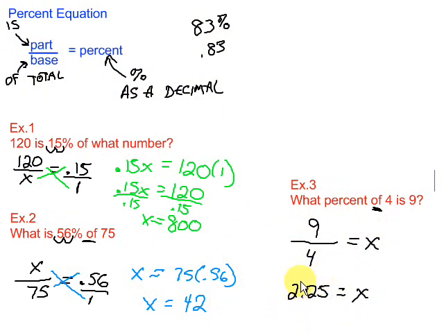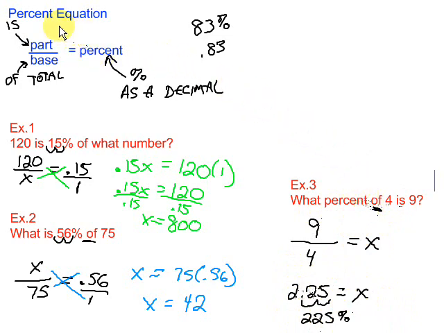How do we change a decimal into a percent? We move the decimal point 2 spots to the right. So we go 2 spots over, and we end up with 225%. So 9 is 225% of 4.